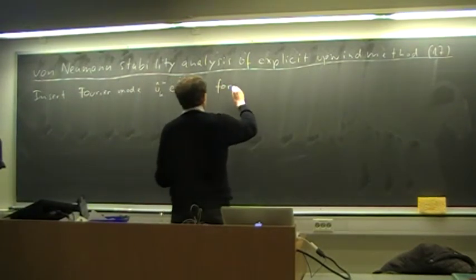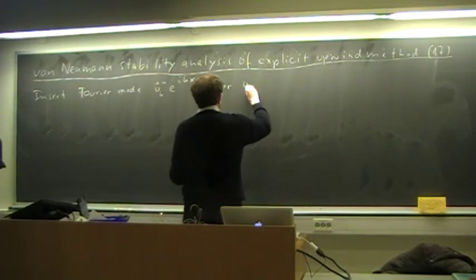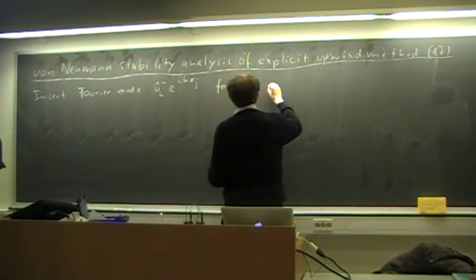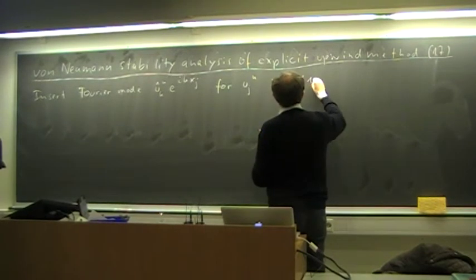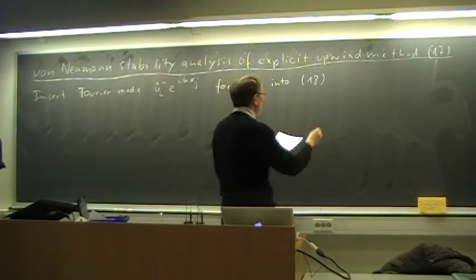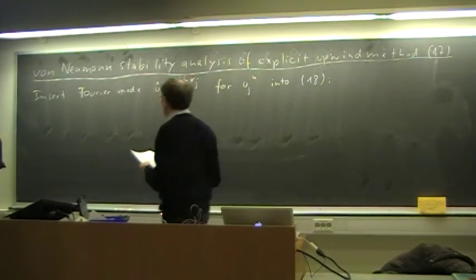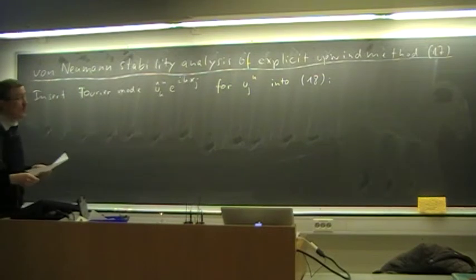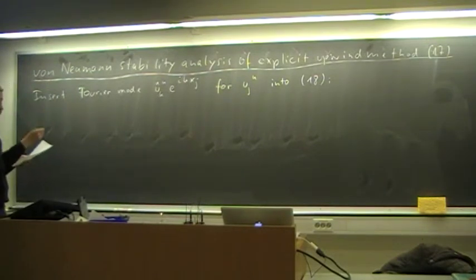We insert this Fourier mode for u j n into the equation, and it is better to use the form 18. Of course, then we have already written it as the algorithm, unknown left and known right.